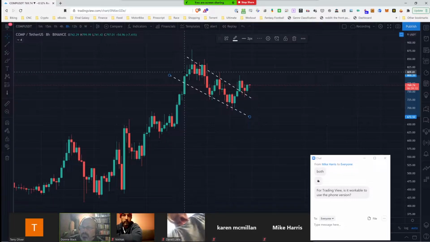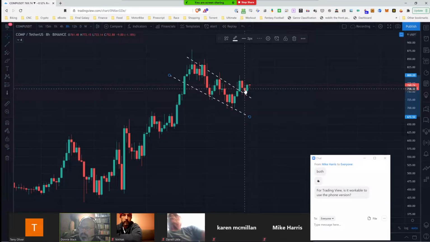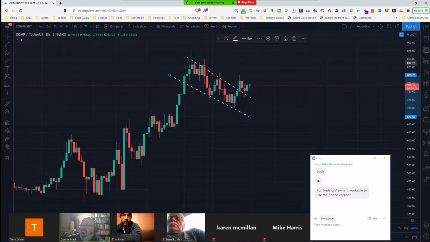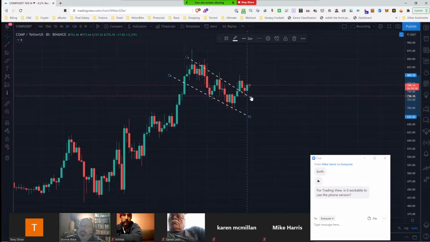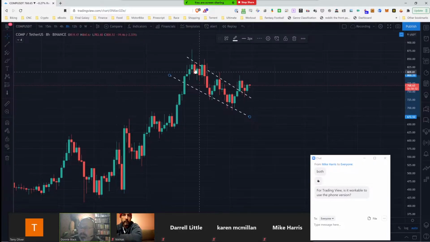It's being called a bull flag because this pattern supposedly leads more often than not to bullish price action, but that's not true. First off, it's really variable because if you're making this pattern, it's a subjective thing.